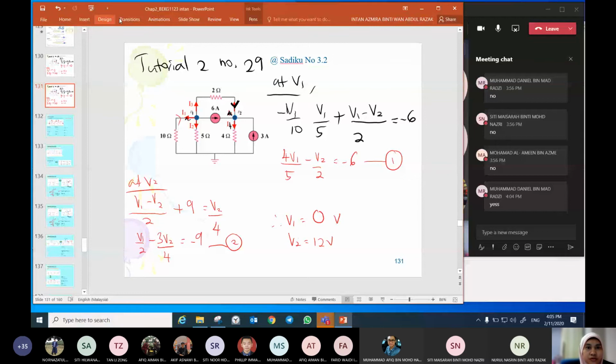Equal to minus V1 over 5. Okay, and then plus, this one is plus 6, plus this one is V1 minus V2 over 2, V1 over 5, okay, like this.